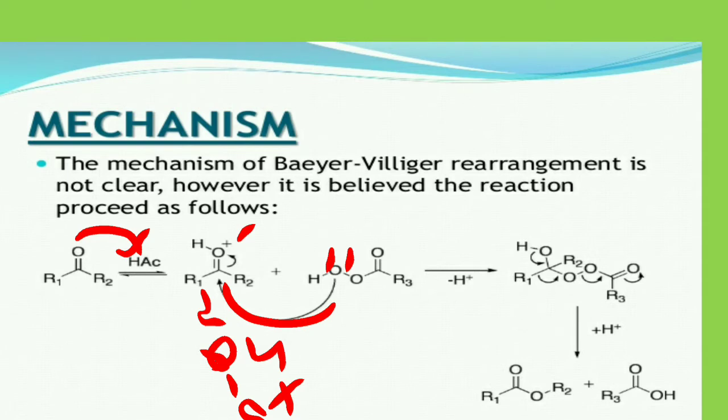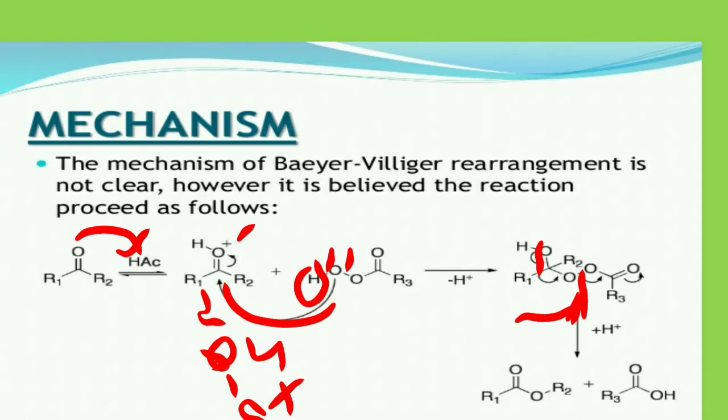Then what happened here? From this OH, by the removal of H plus, we form this type of adduct. Then this OH bond is shifted to here, as you can see in this arrow, and this R1 is rearranged to the oxygen.